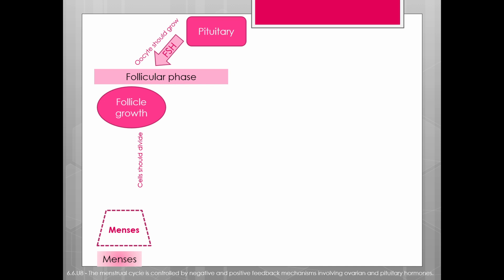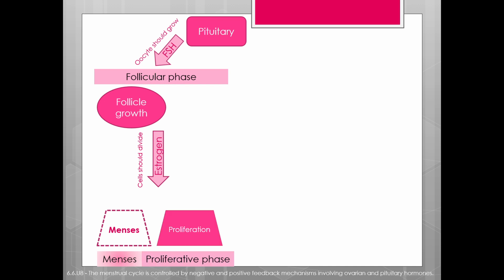This signal sent to the uterus is estrogen. Estrogen concentration will be proportional to the size of the follicle. So the bigger the follicle, the farther into the follicular phase, the higher the level of estrogen. These increasing levels of estrogen at some moment will prompt the uterus to start the proliferative phase.